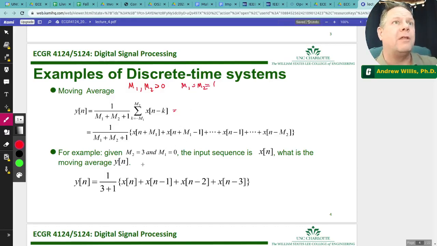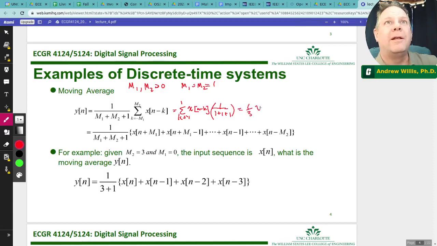It comes out to be the sum over k from minus 1 to 1 of x of n minus k, with a constant out in front, 1 over 1 plus 1 plus 1, or 1 over 3. So this ends up being 1/3 times x of n minus 1 plus x of n plus x of n plus 1.